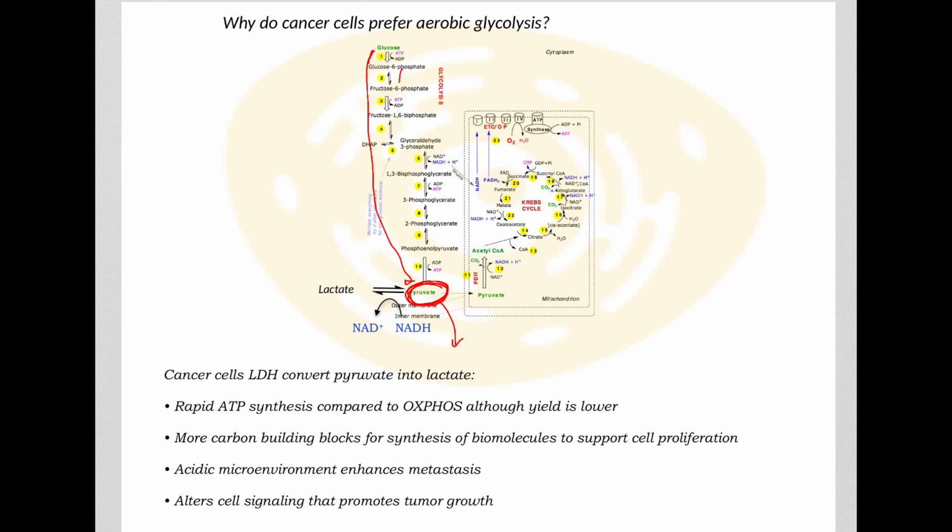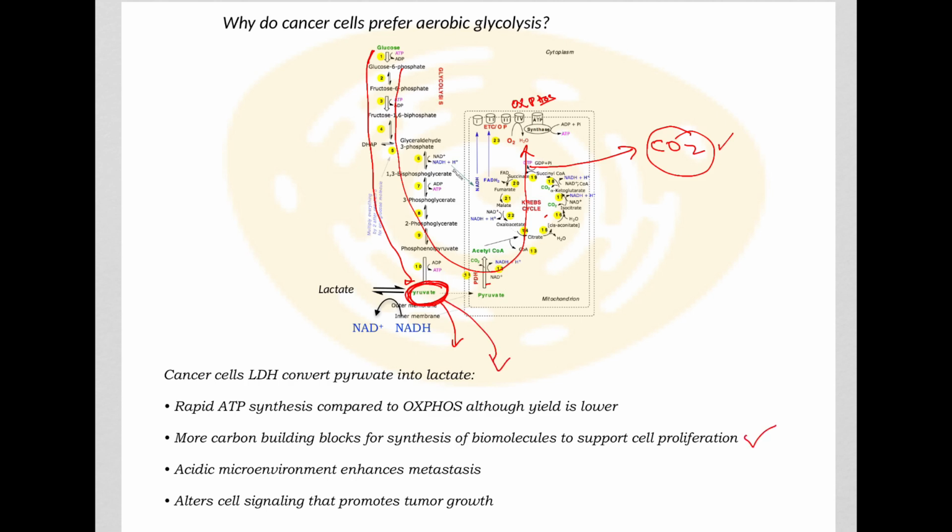However, if the cell used the OXPHOS system, the whole glycolysis, PDH, Krebs cycle, and the electron transport chain, then the carbon comes out not as a building block, it basically comes out as a gas, carbon dioxide. So it's harder to make things from carbon dioxide rather than to make things from pyruvate.